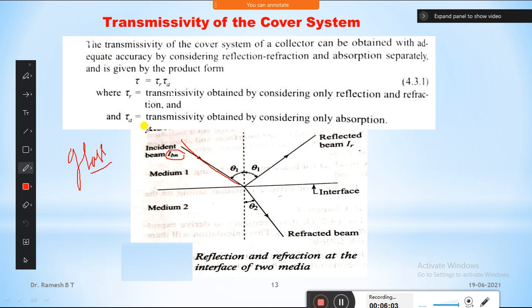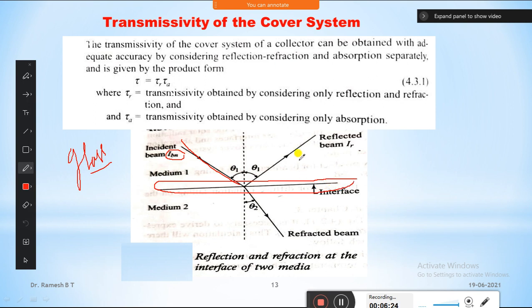If it is not transparent, it will reflect. The beam then strikes the interface separating it from the other media. Clear?